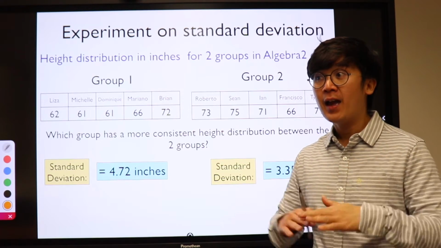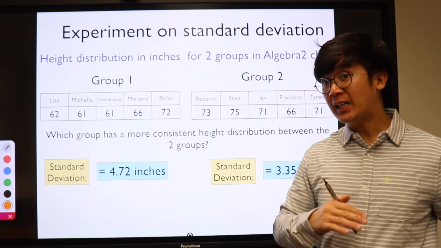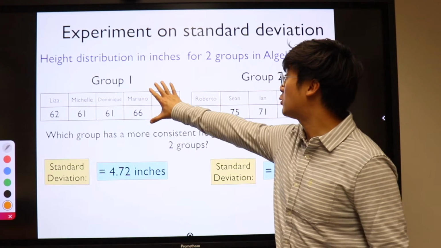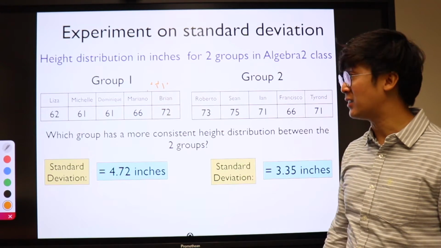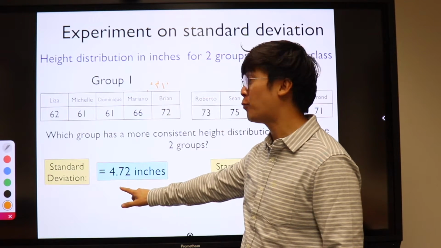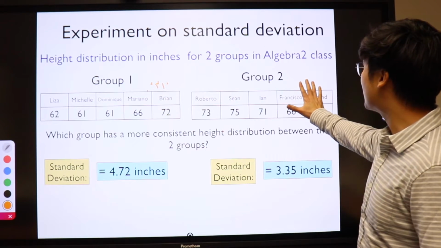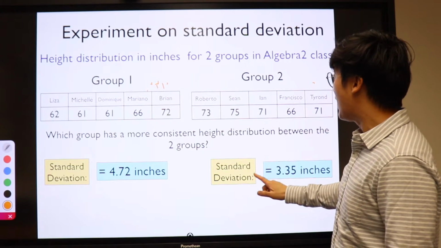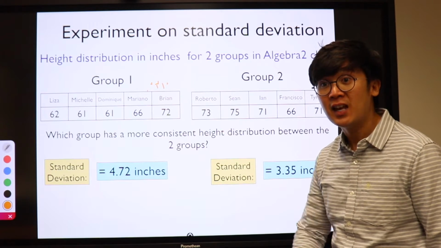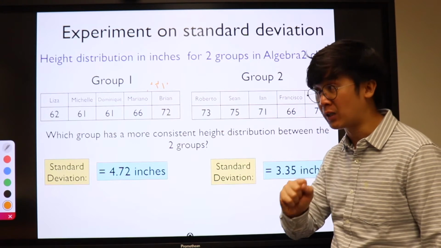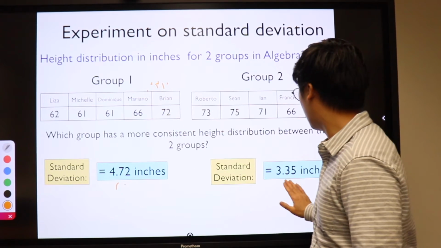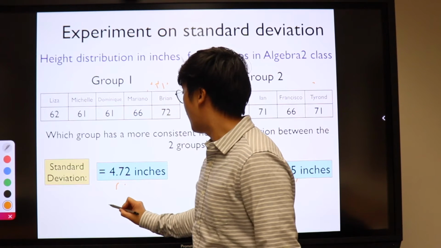When we say less variability, it equates to a more consistent data set. Between group 1 and group 2 students, my group 1 students' average height difference is 4.72 inches, but for my second group of students, their average height difference is only 3.35 inches. So can you visualize the difference now between group 1's height and group 2's height? And that is because of the standard deviation.